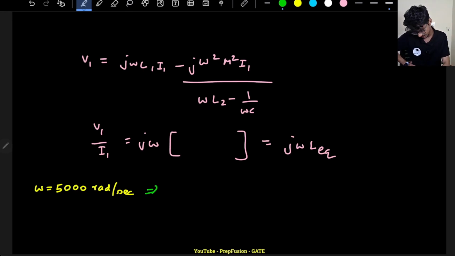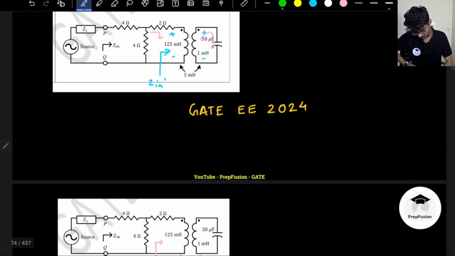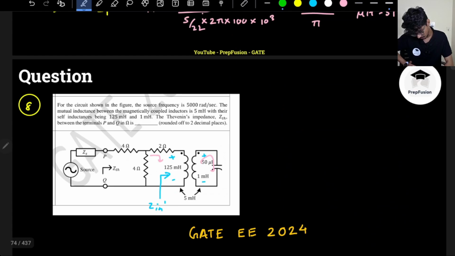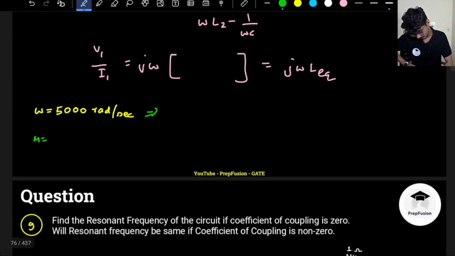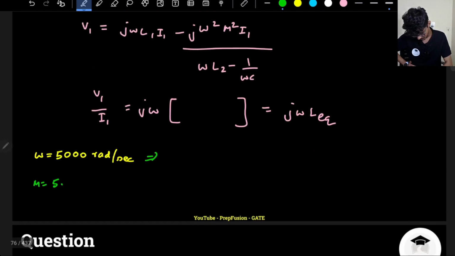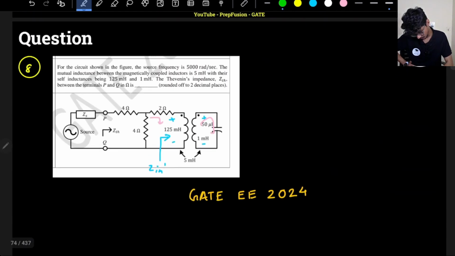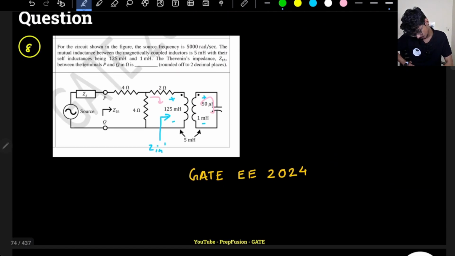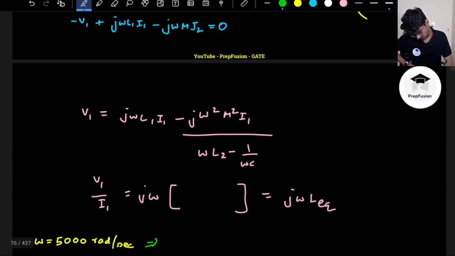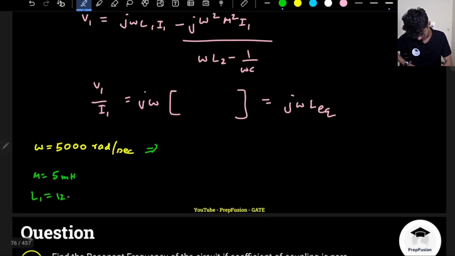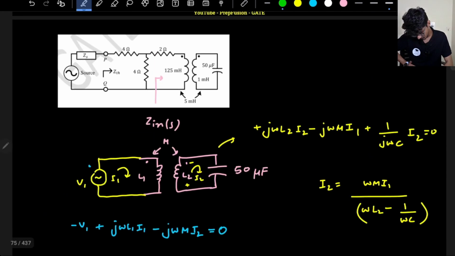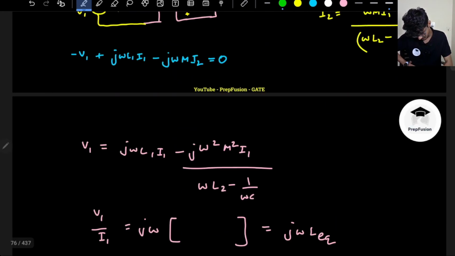So let us calculate. What is my M? Let me write down the values. Omega is 5,000. M is equal to 5 millihenry. L1 is equal to 125 millihenry, and L2 is equal to 1 millihenry.